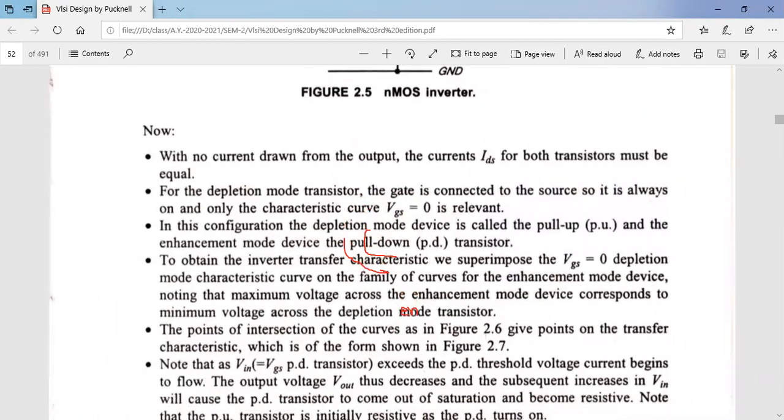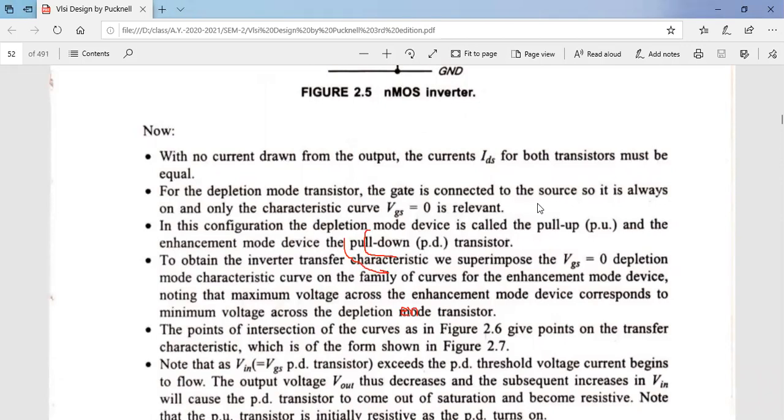Sorry, previously I mentioned it as the drain, but actually it is the source. Since the gate is connected to the source, it is always on, and only the characteristic with VGS equal to 0 is relevant. Gate to source voltage is 0 here.